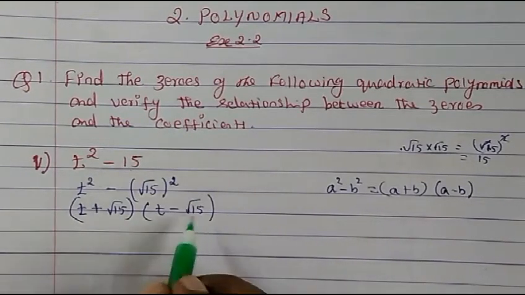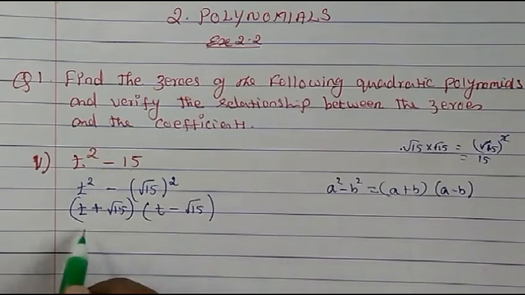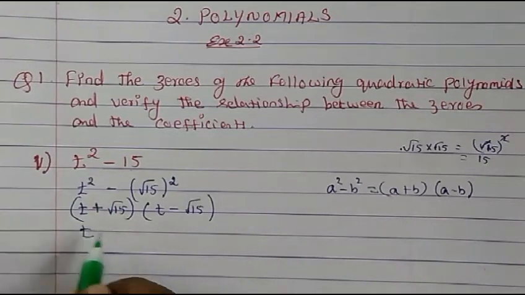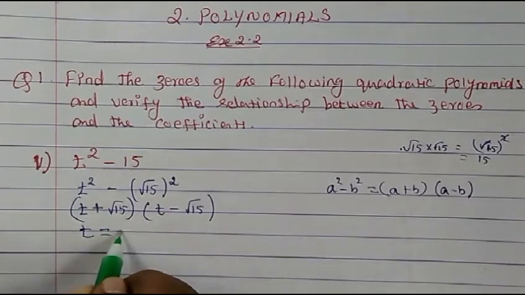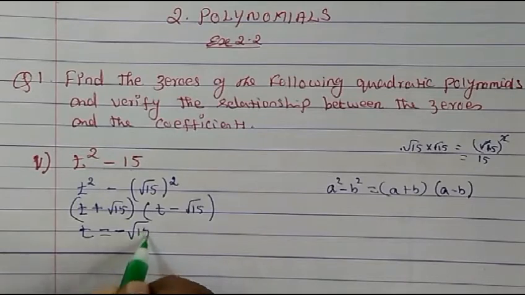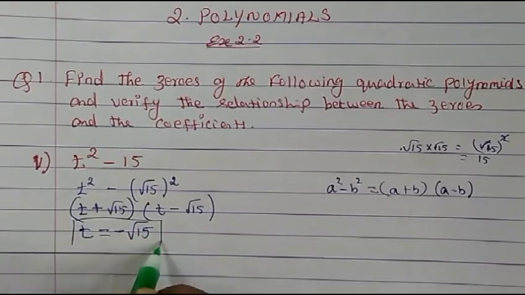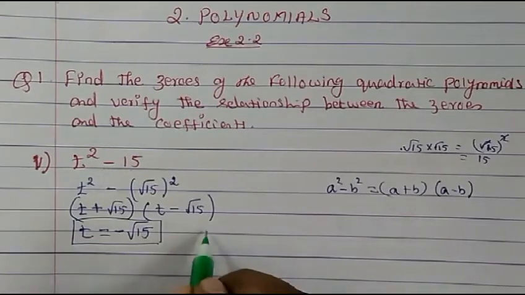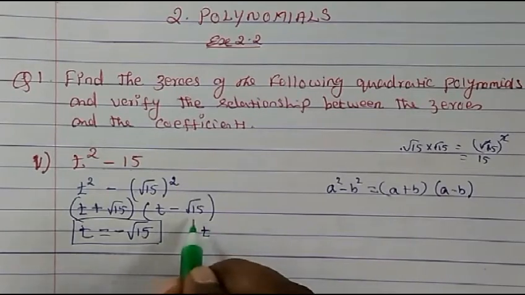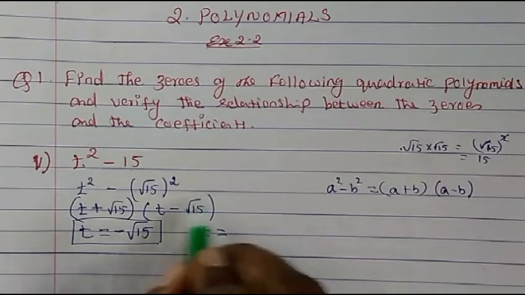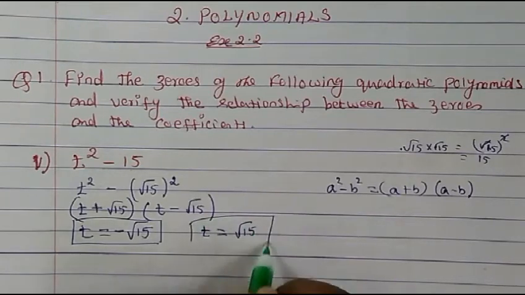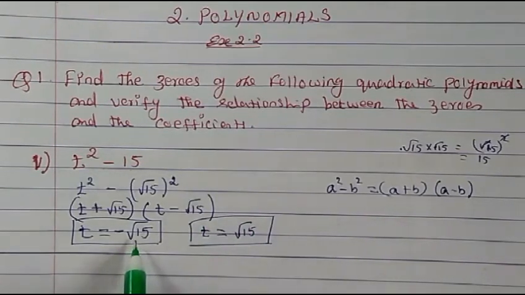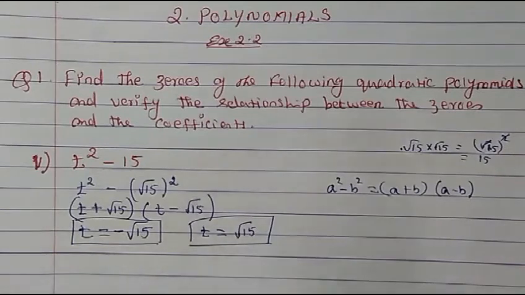So now we have got the two factors. Let's find the zeros of this polynomial. Here t plus root 15 equals 0, so when it goes to this side it will become minus root 15. Then here t minus root 15 equals 0, when it goes to the other side it will become plus root 15. So we have got minus root 15 and plus root 15.